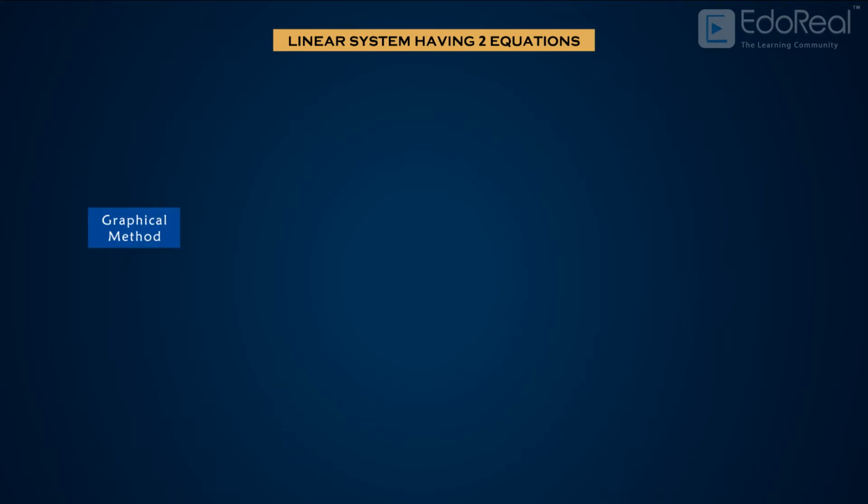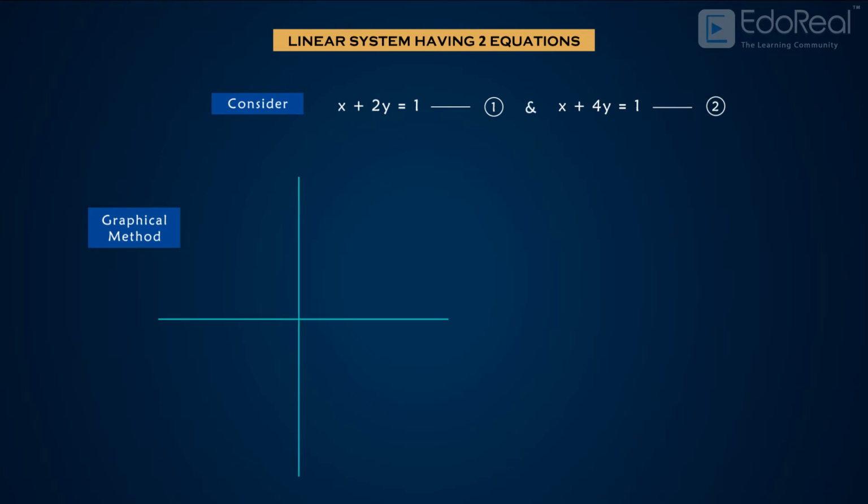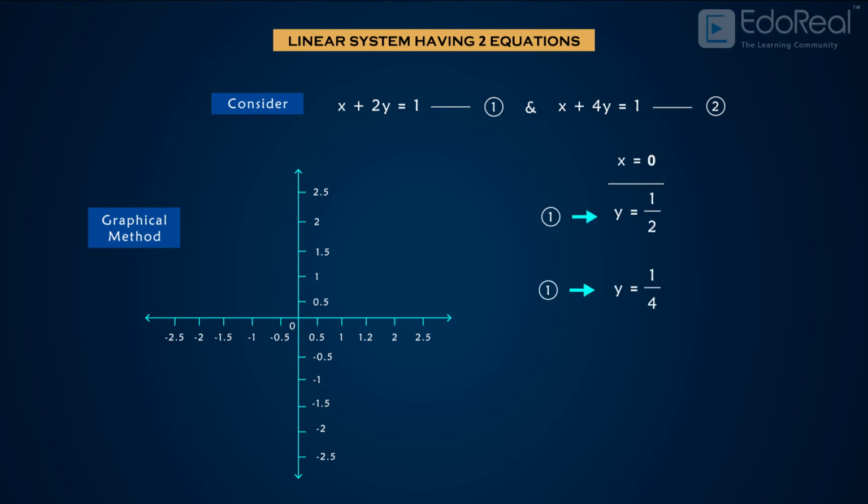In the graphical method, let the two equations be 1 and 2. We will draw two lines on a graph containing the xy plane. Find the points of intersection of the lines on the x-axis and y-axis. For this, we need to substitute x = 0 and y = 0 in both the equations.